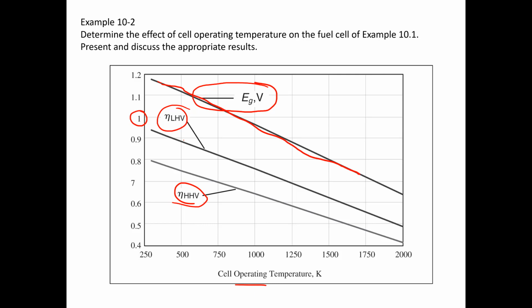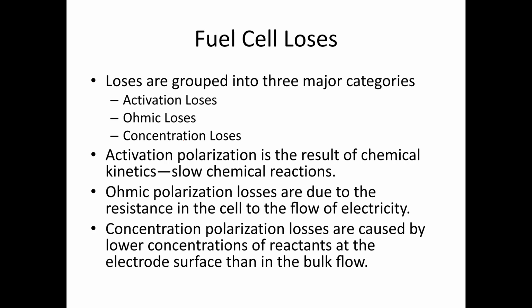So as you increase your power demand, you're going through certain losses. I'm going to do my best to describe that. The losses to the voltage in the fuel cell are grouped into three categories. You have the activation loss, which is the activation polarization as a result of the chemical kinetics, so there is a certain amount of energy you have to overcome just for the chemical reaction to activate.